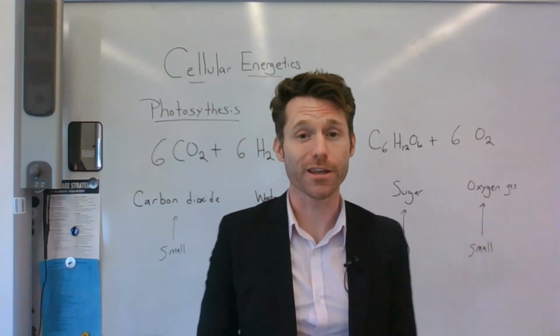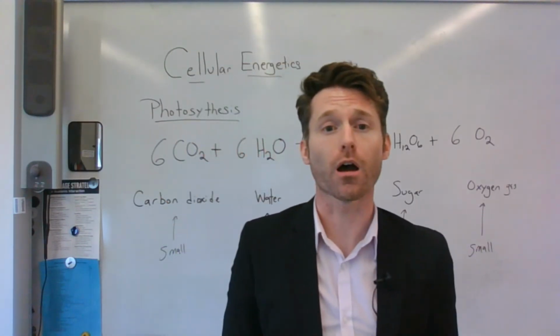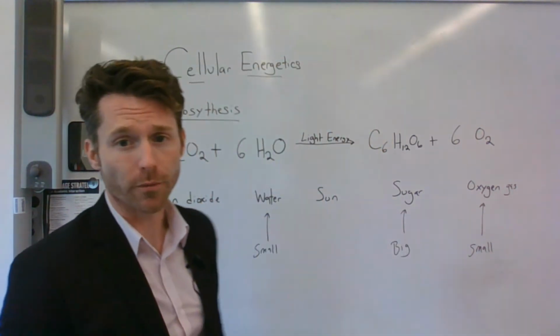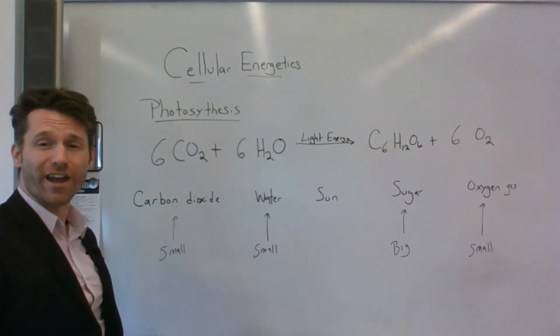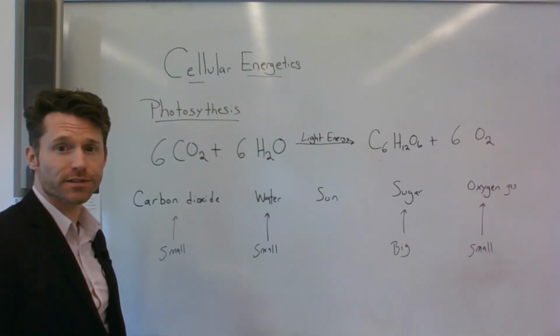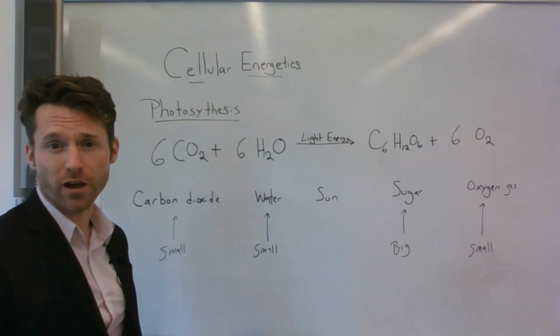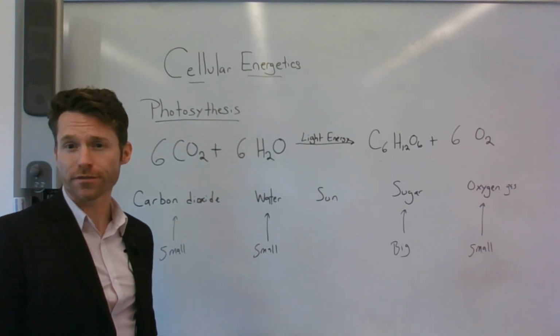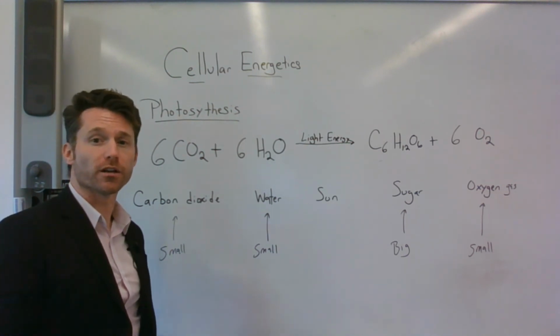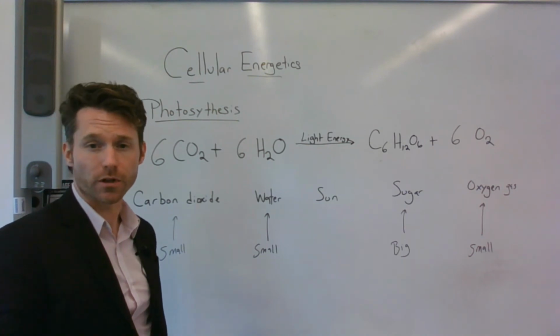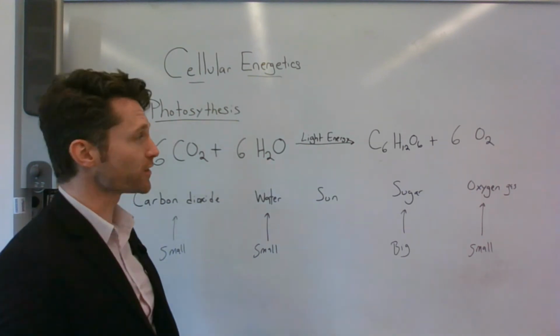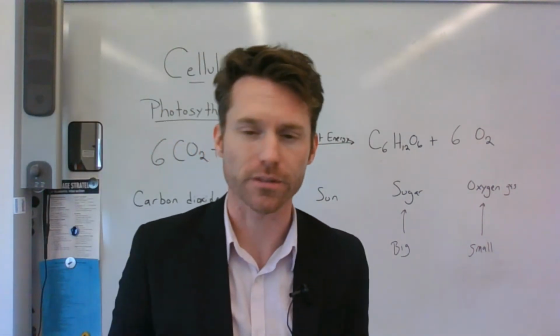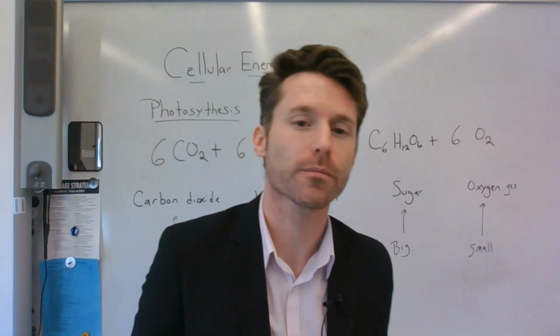So now on to the basic chemistry of photosynthesis. On the board, I have the overall reaction for the process, where I have 6 carbon dioxides plus 6 waters in the presence of light energy yields the sugar glucose and 6 oxygen gas molecules.